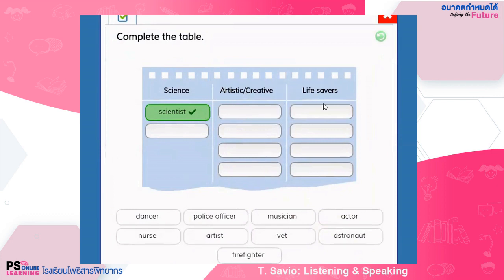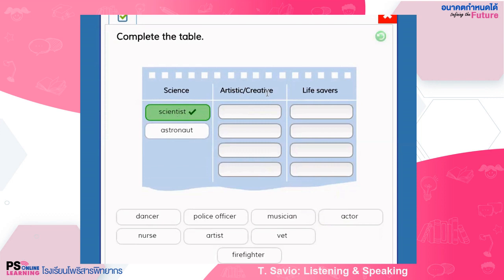And the last one requires lifesavers, people that save lives. So let's check the different columns. So for science, scientist and astronaut.